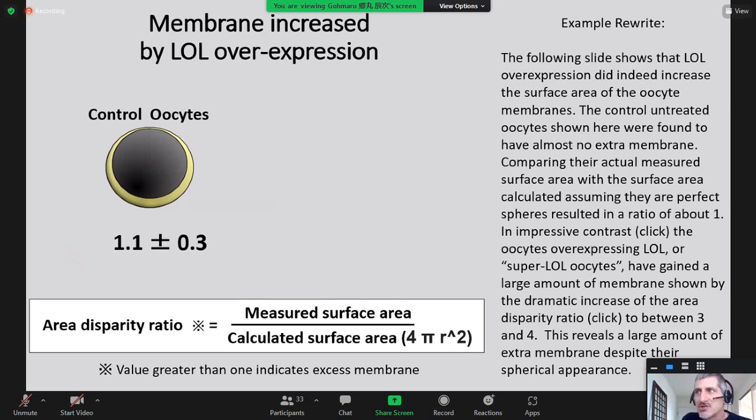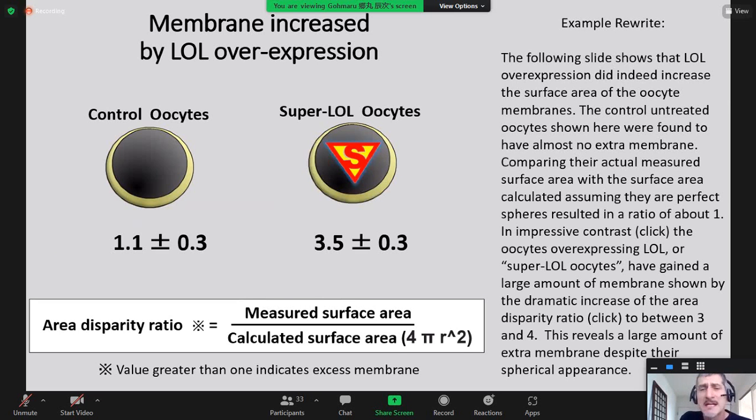In impressive contrast, the oocytes overexpressing LOL or super LOL oocytes have gained a large amount of membrane, shown by the dramatic increase of the area disparity ratio to between 3 and 4. This reveals a large amount of extra membrane despite their spherical appearance.